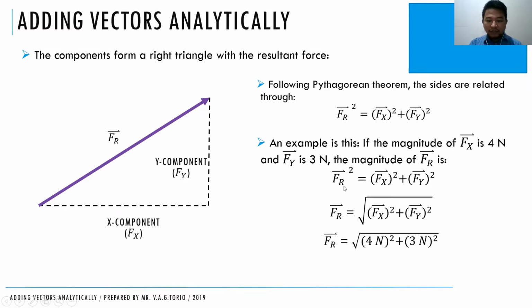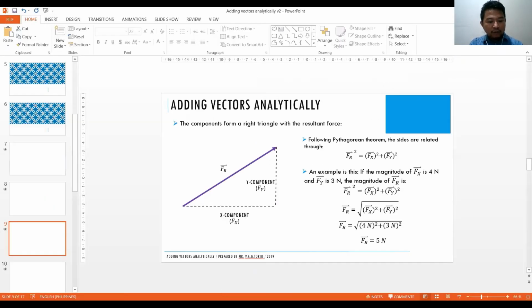Substituting the values, we'll be able to get 5 newtons. We can verify the value of our resultant force by using a calculator. That is, we substitute the values. That's the square root of 4 squared plus 3 squared, which will give us 5 newtons.